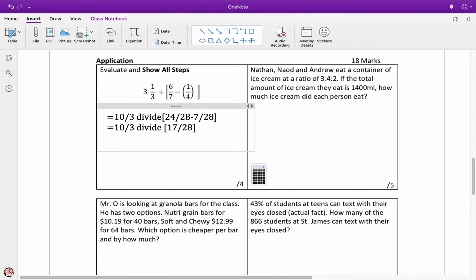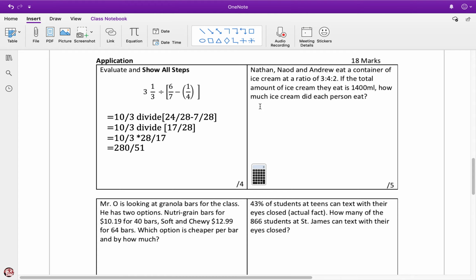Then I have a divide, so I flip my second fraction. So it's going to be 10 over 3. I'm going to make it a multiply by 28 over 17. I flip the second one, which is going to equal 280 divided by 51 once we do the math. That's how we talk through that one.